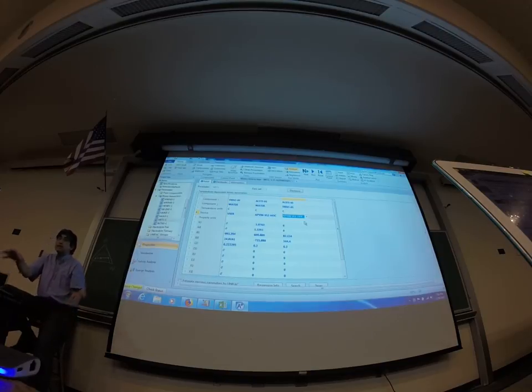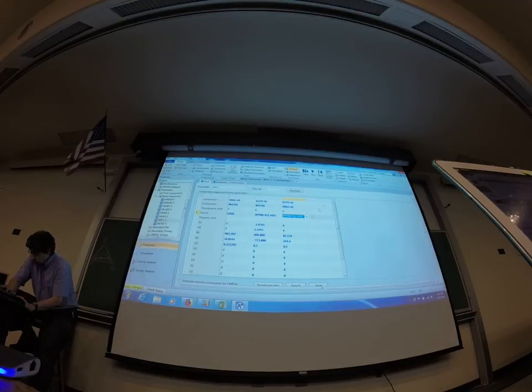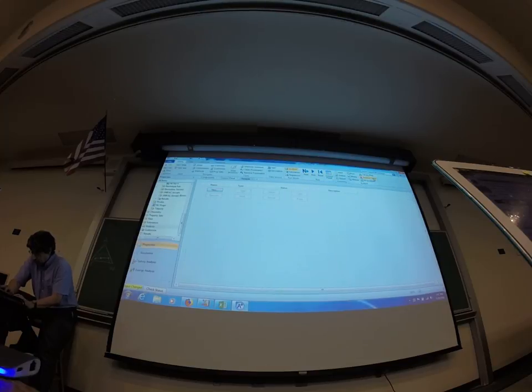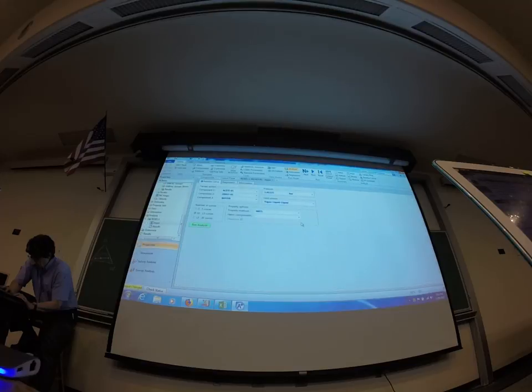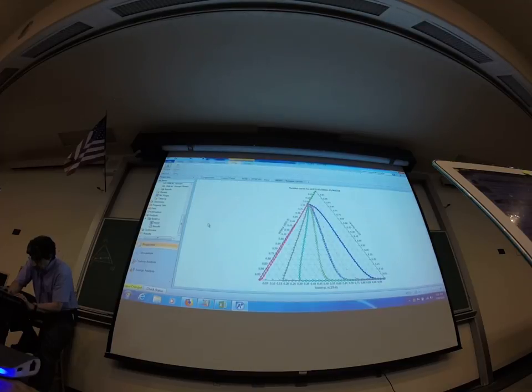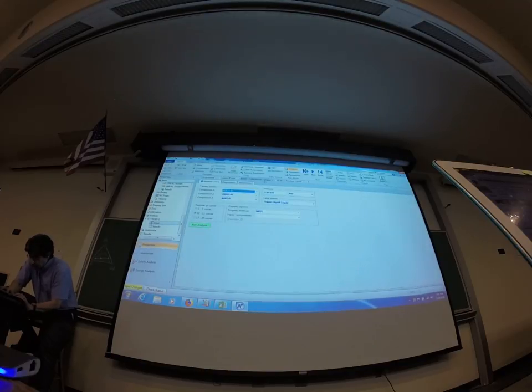But once you have specified the parameters, you can go now and get ternary plots. So where you would go here, we see analysis, residue curves, and okay, that's not the one I want.